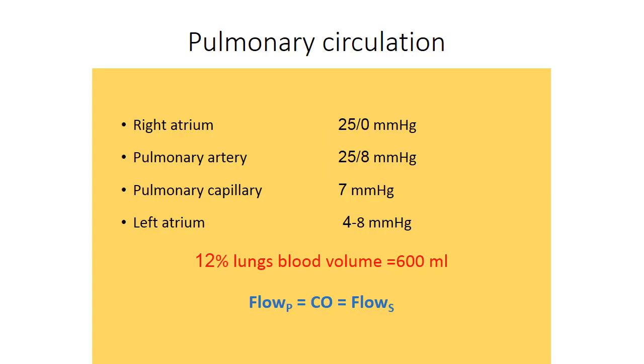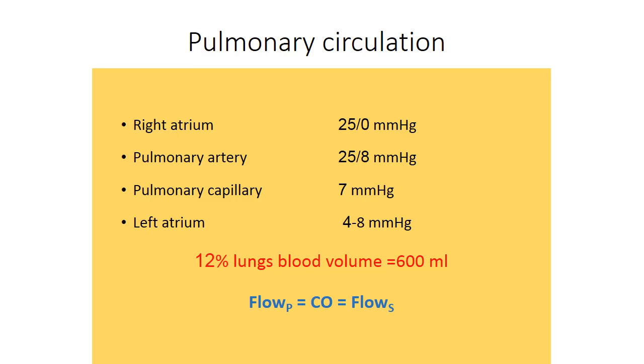In the lung, you know that the right atrium and pulmonary artery have lower pressure than the left atrium and aorta. Right atrium pressure is about 25 during systole and 0 during diastole, in millimeters of mercury. Pulmonary arteries have pressure 25 to 8 during systole and diastole respectively.